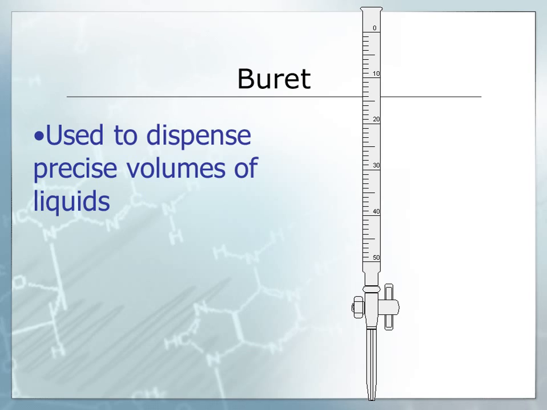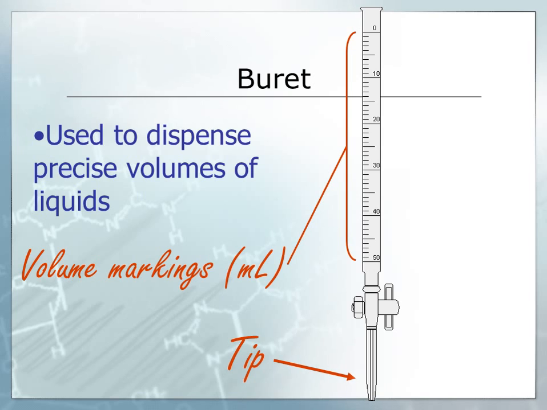But the dispensing from a graduated cylinder is by pouring. With a burette, you have this assembly at the bottom that allows you to very precisely control the flow of the titrant coming out of the burette, but also get a very accurate reading of just how much is dispensed.